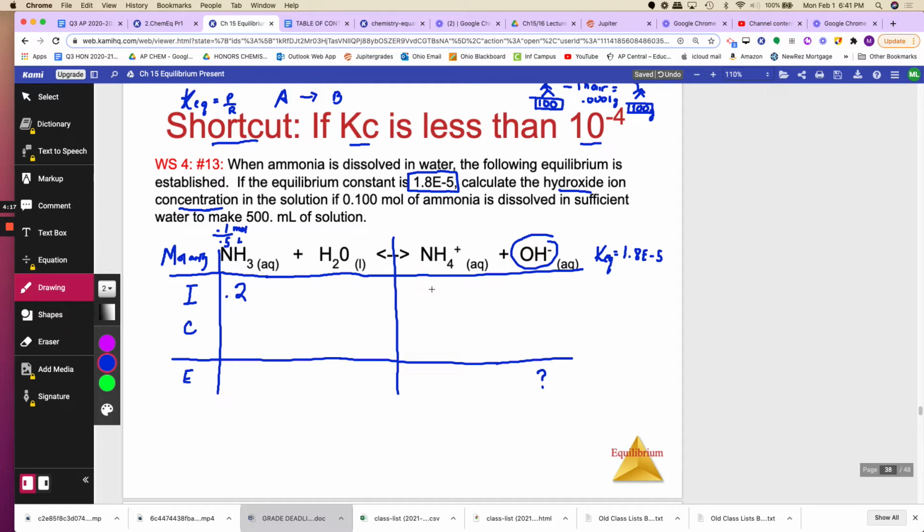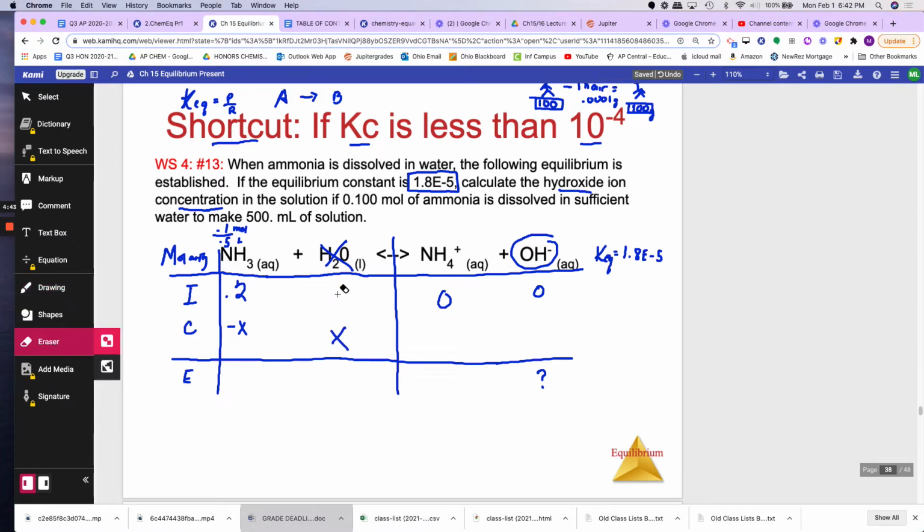Okay? So you have 0.2, and in the beginning it says only ammonia is in there. So this is 0, and this is also 0. So you're going to do minus x. There's a 1 there, so that's a 1x. You don't need that in the equilibrium expression. You know what, I'm going to erase that because they look like x's.